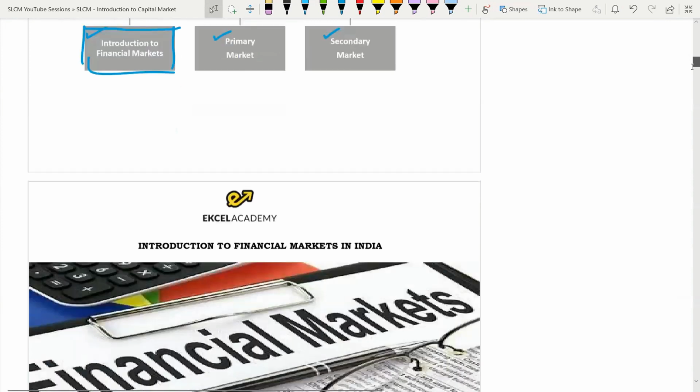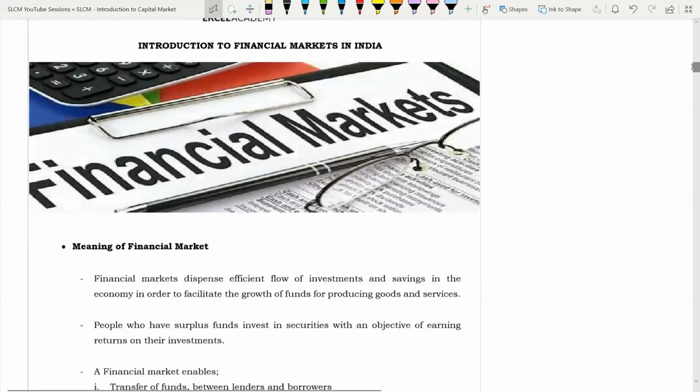Coming to financial markets. What are financial markets? Any market is a place where you buy and sell a particular commodity, good, or you provide certain services. Talk about what's finance, where any money or monetary considerations are involved, that is known as finance. Where money is involved, that is a financial aspect.